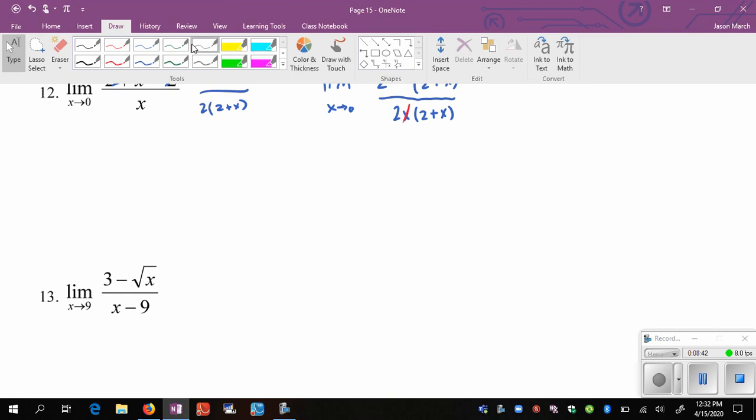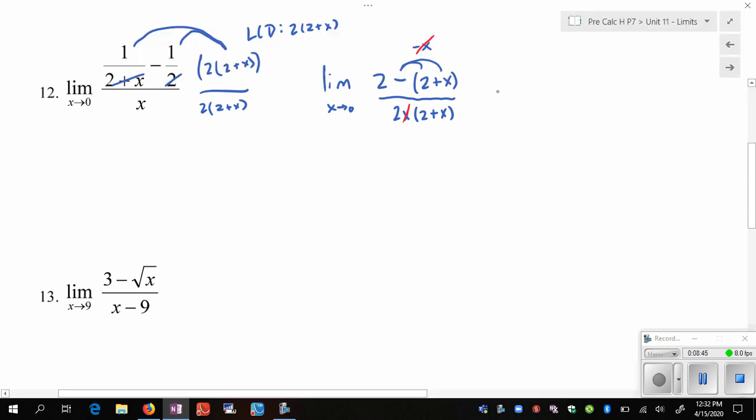And now I could evaluate by direct substitution. If I do the limit as x goes to 0 of my new expression, which is just going to be negative 1 over 2 times 2 plus x, when I plug in 0, we get negative 1 over 2 times 2, which is negative a fourth.